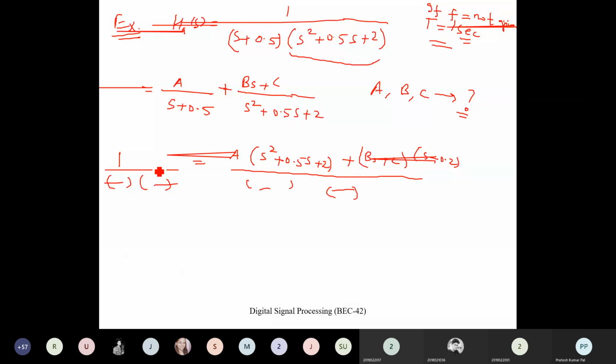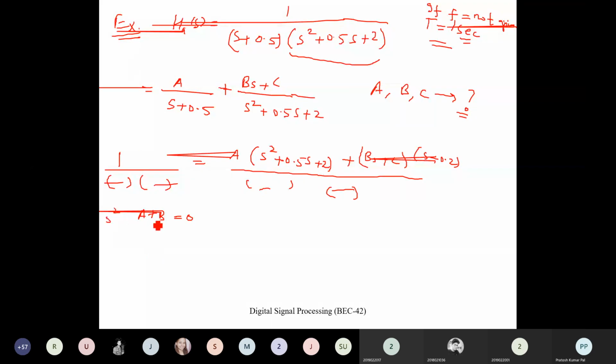After comparing the s to the power 2, s to the power 1, and s to the power 0 from the left hand side and right hand side, we can get the expression in terms of A and B only. So A plus B is equal to 0. Just writing it out, A plus B is equal to this term, and similarly this is for the s square terms.